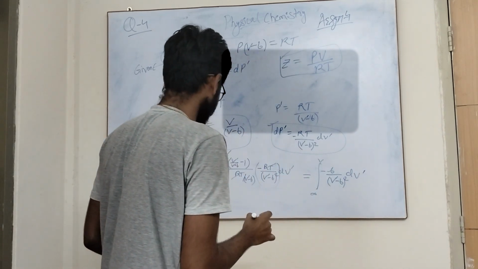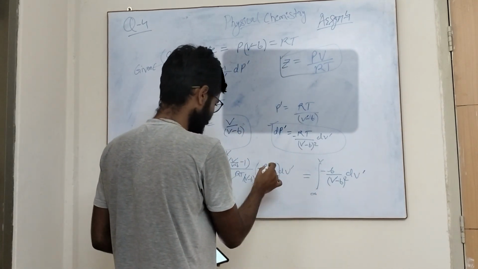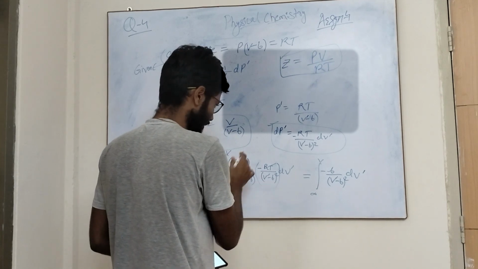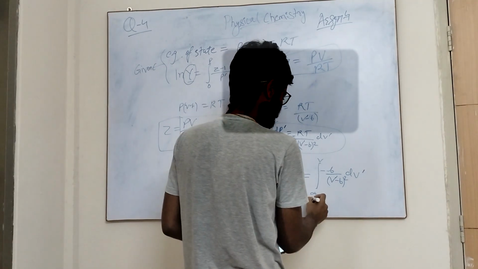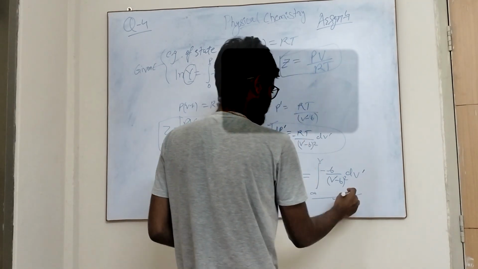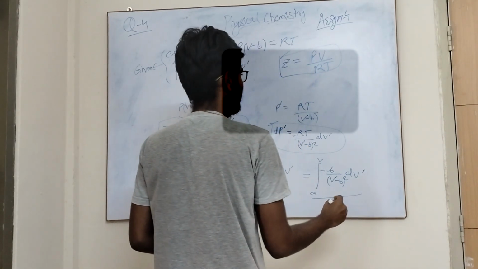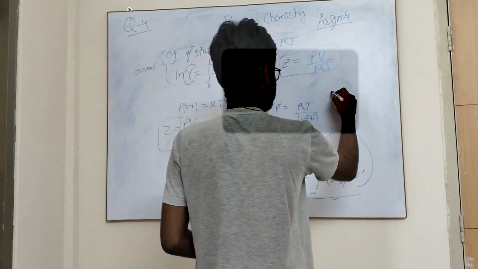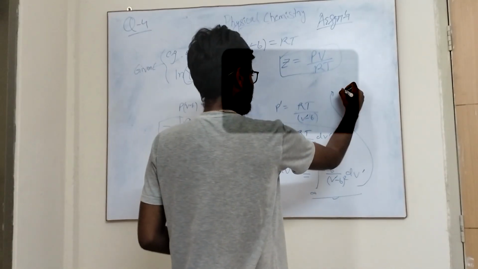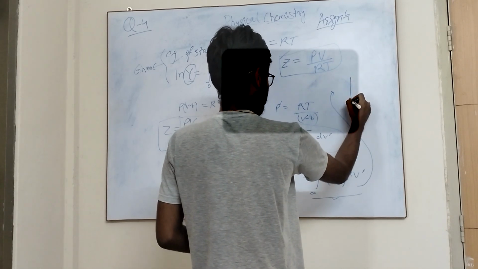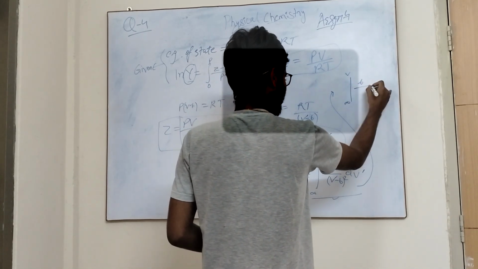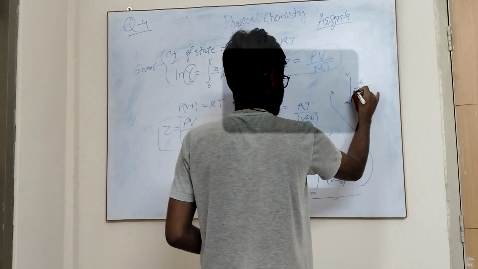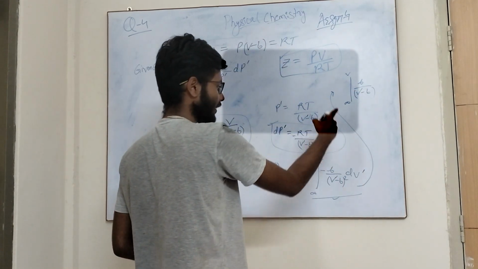Let me check B, and yeah, it's correct. It is simple integration, nothing else. This will become, from infinity to V, B by V dash minus B. Just integrate it.